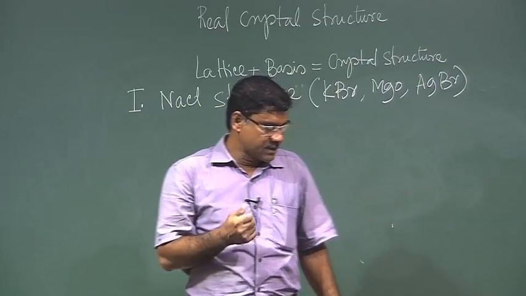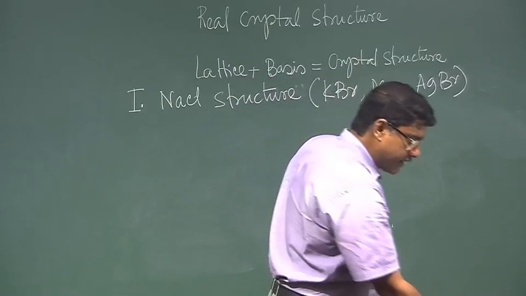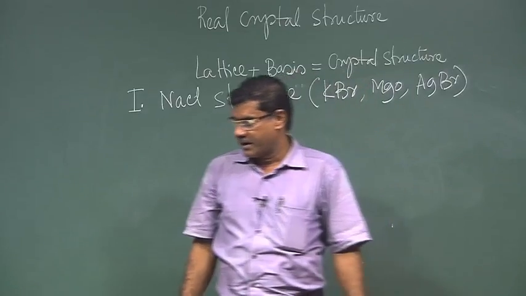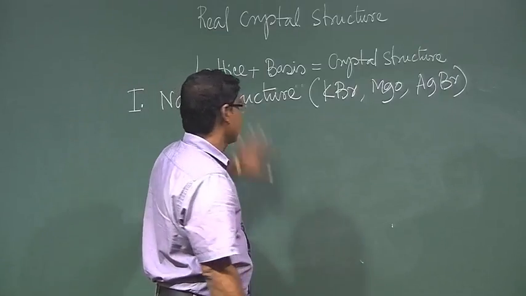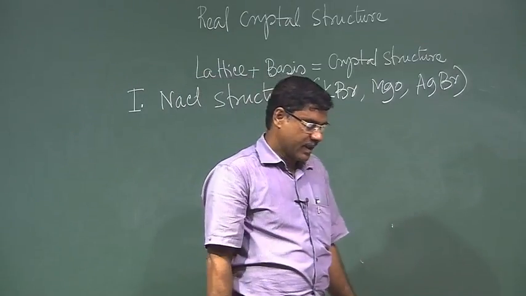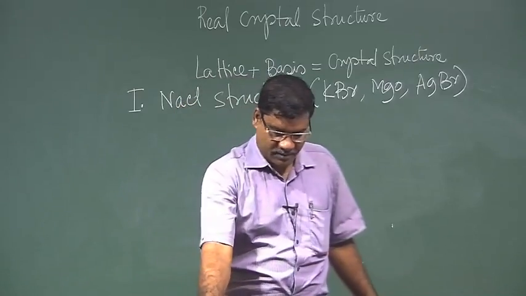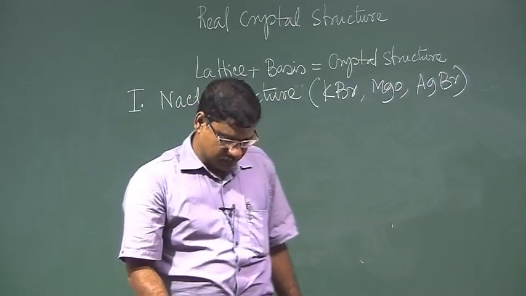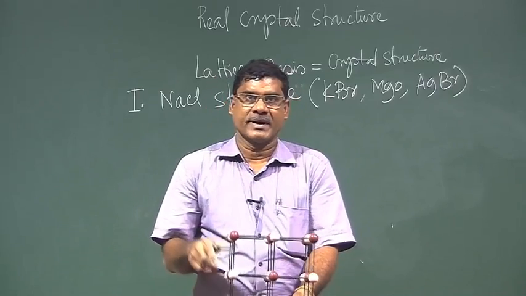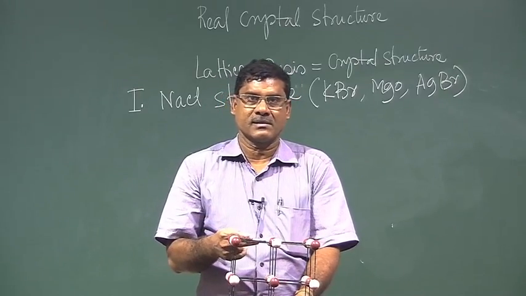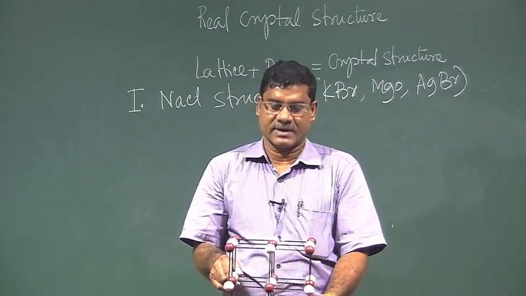So, one can in principle find out the basis coordinates, where these bases are placed, from the structure itself. So, in an FCC lattice, how many lattice points per unit cell? Basically 4 lattice points per unit cell, right.